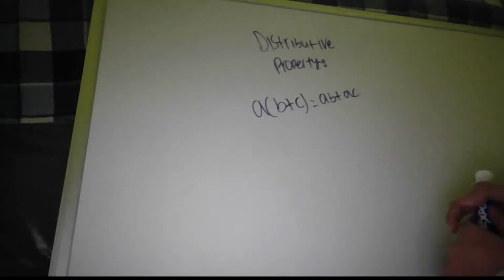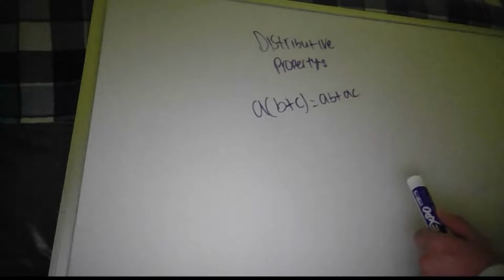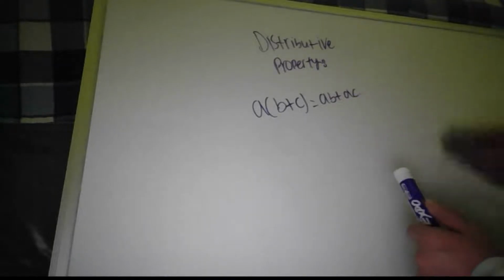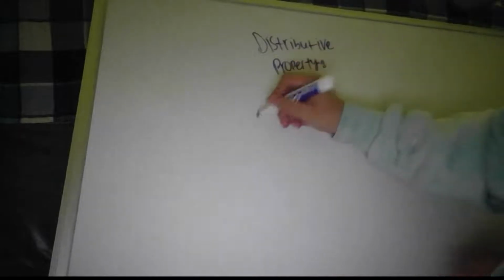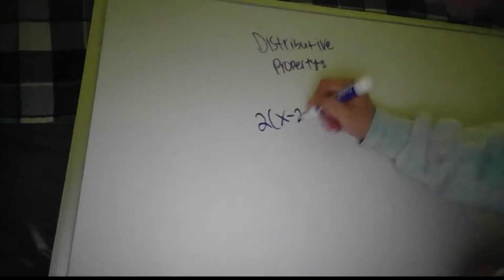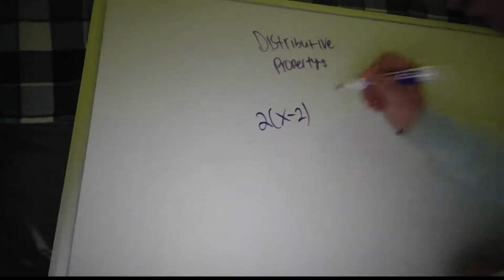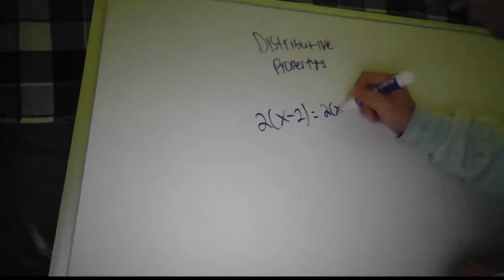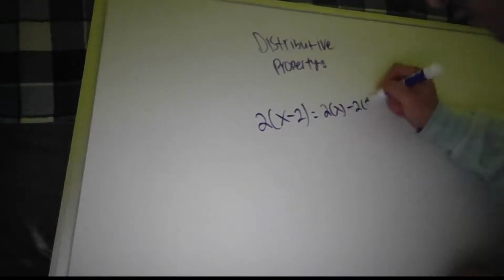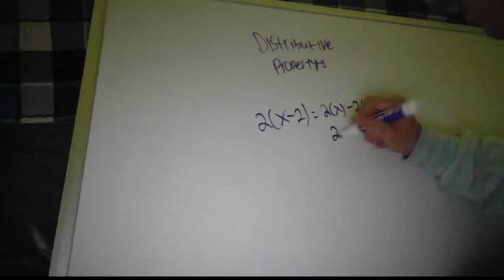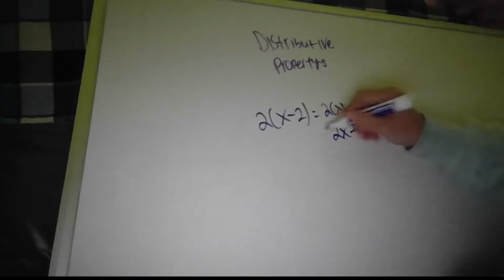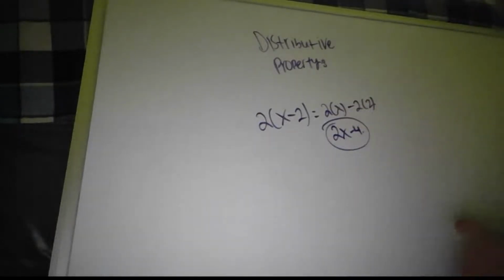A times B plus C equals AB plus AC, excuse me. So if we have something like 2 times x minus 2, that's going to be 2 times x minus 2 times 2. That's just going to be 2x minus 4. Okay? That's distributive property.